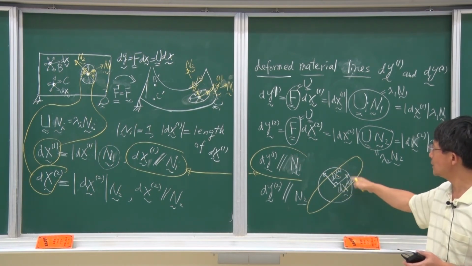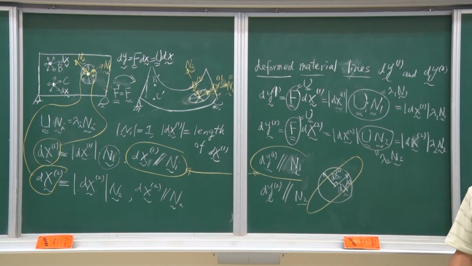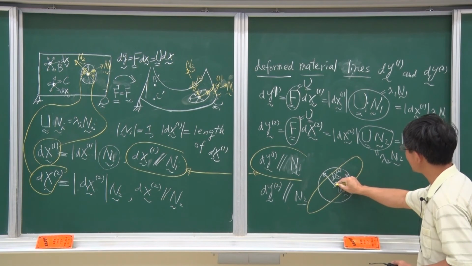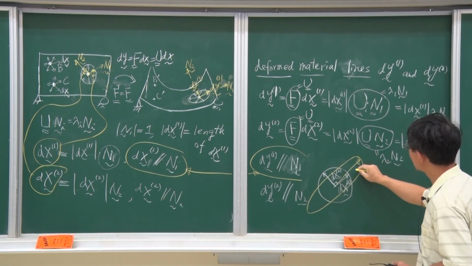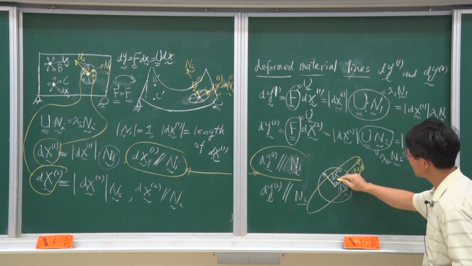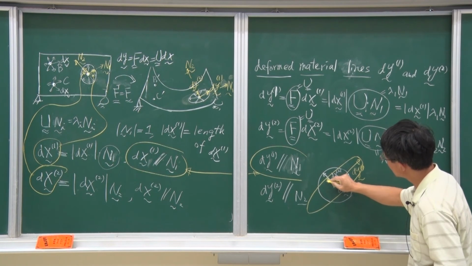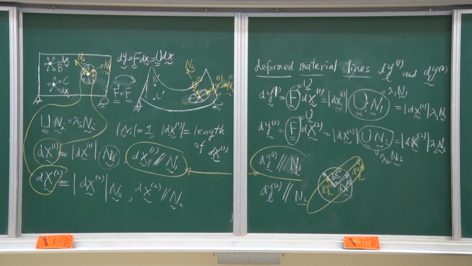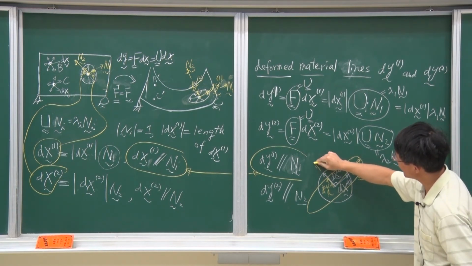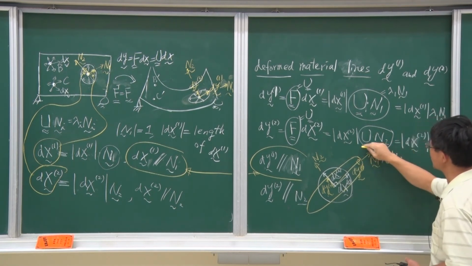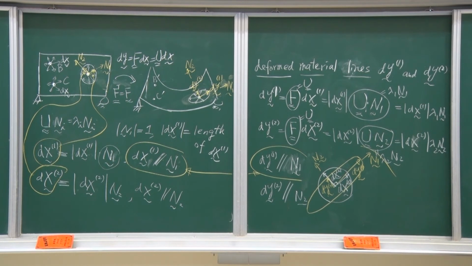Okay, and then see here, we have dy1, and this is dy2. Understand? See here, this is the n2 direction, still in the n2 direction. It's the n1 direction, okay? See, what happened to this material point?